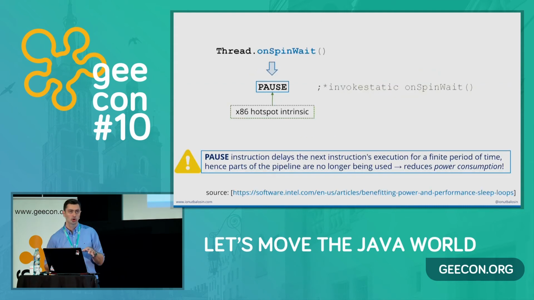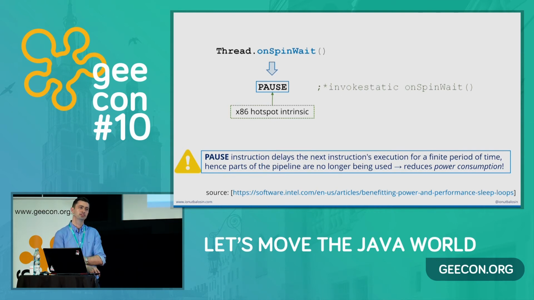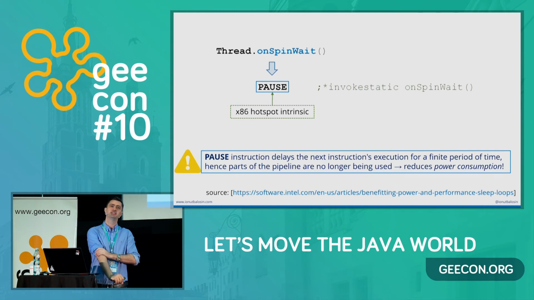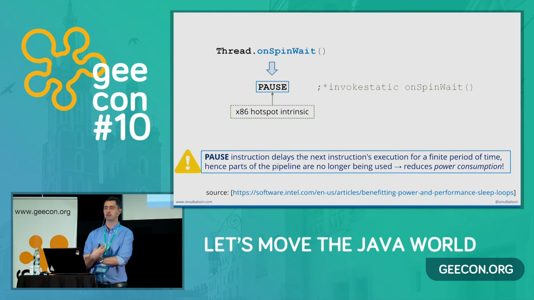How it works at the hardware level: it's backed by the PAUSE instruction. The PAUSE instruction is an x86 instruction. By the way, it's not a new instruction; to my knowledge, it's been around since Pentium 4. However, onSpinWait was recently added and it's backed by that instruction, intrinsified by the PAUSE instruction.